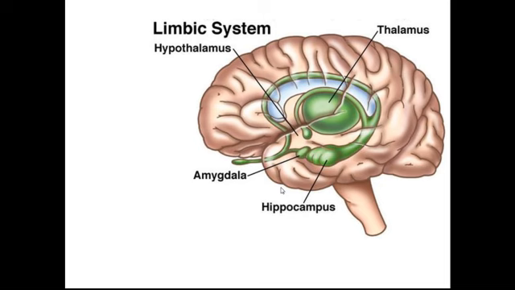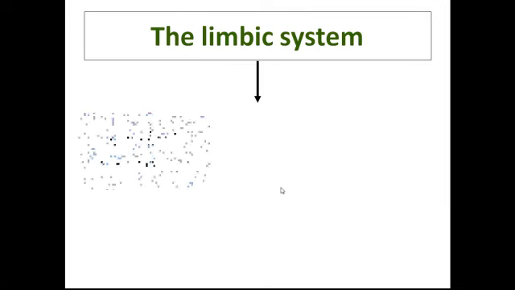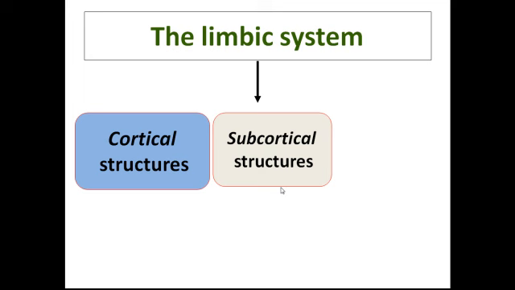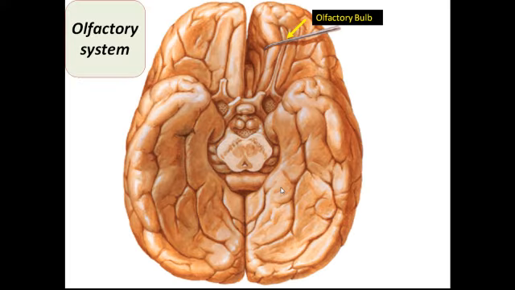This diagram shows the hippocampus and anterior to it the amygdala. The limbic system, we said, is formed of cortical structures, subcortical structures, and the olfactory system. The main parts of the olfactory system are the olfactory bulb, olfactory tract, and olfactory striae.